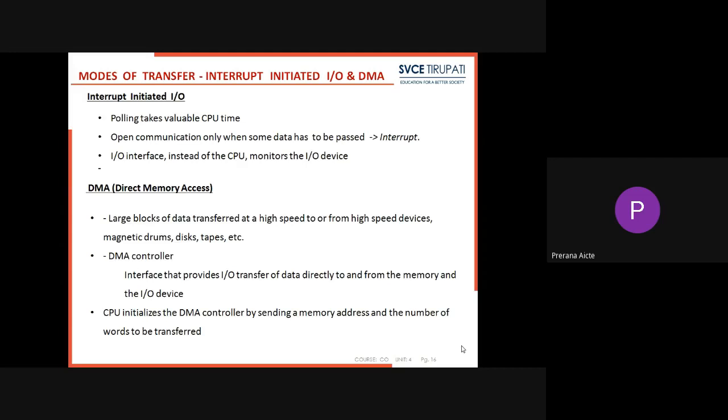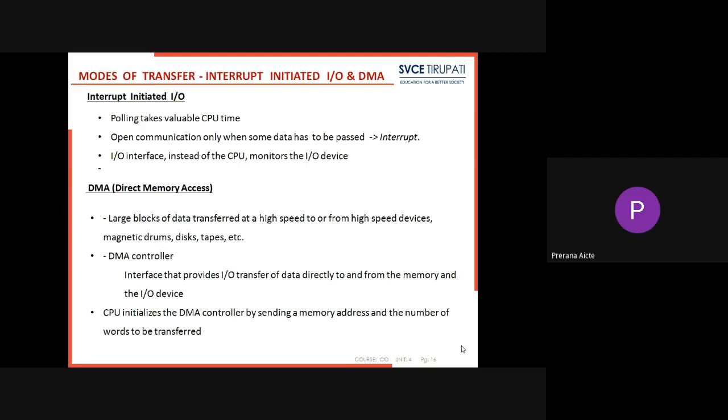The processor responds to the interrupt signal by storing the return address from the program counter into the memory stack, and then control branches to the service routine that processes the required IO transfer. The way the processor chooses the branch address of the service routine varies from one unit to another.